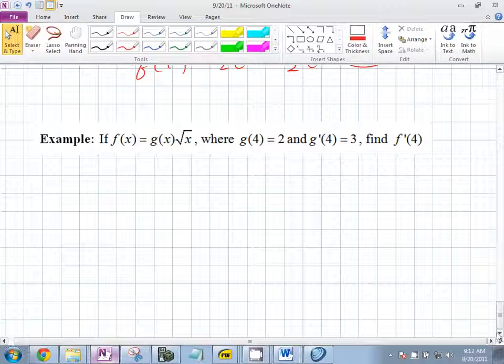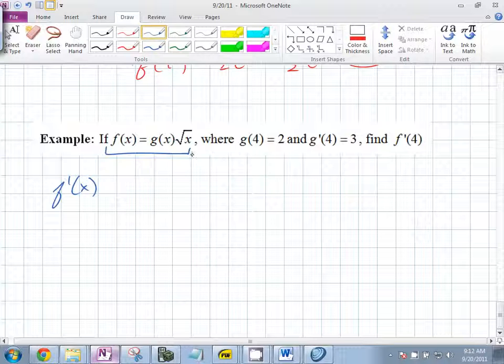So, Maddie, could you tell me what is the derivative of f, just looking at this? It would be 1/2 g of x. I want you to be careful about how you communicate this.